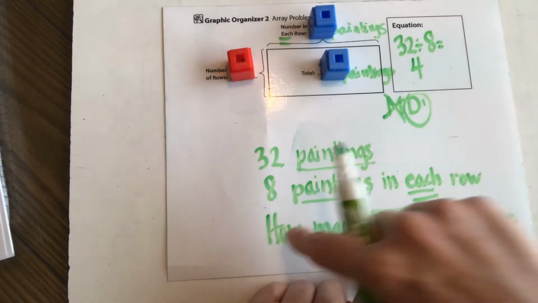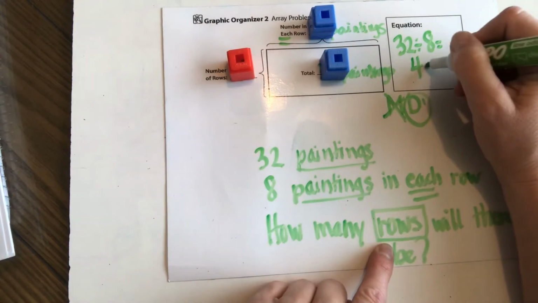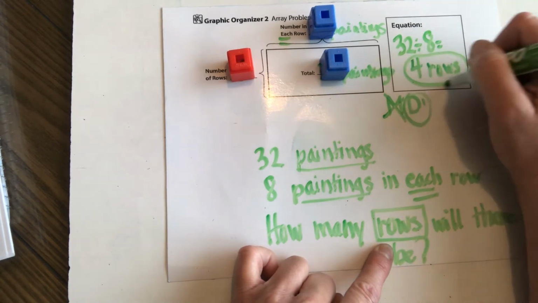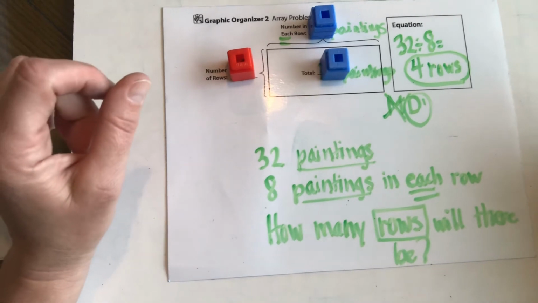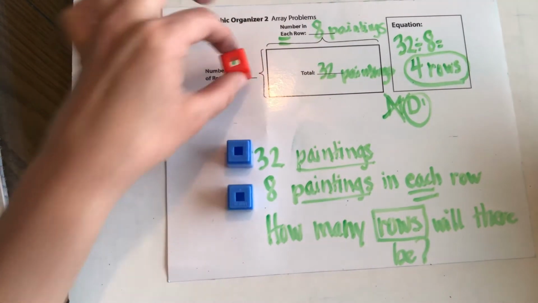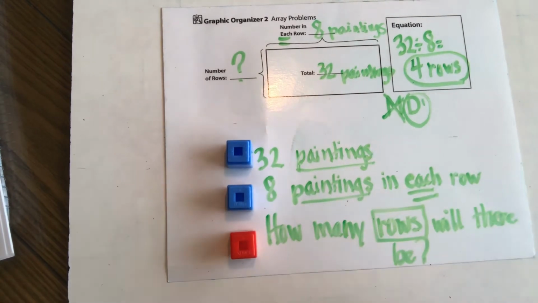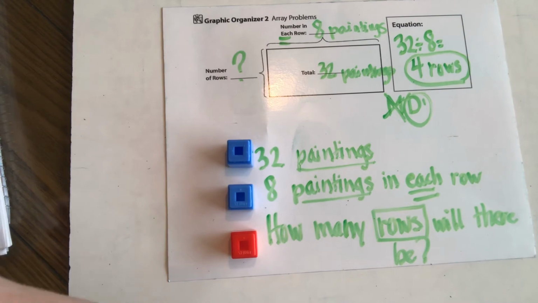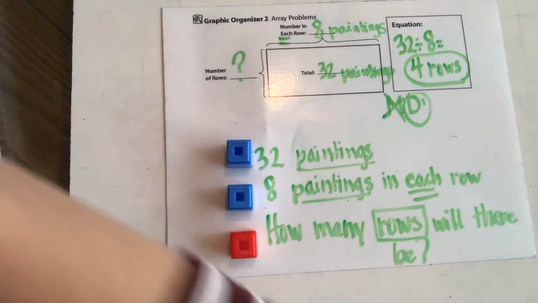My question says how many rows? 4 rows. I'm hoping that this makes a little more sense. The more we do the dividing, the more sense it's going to make.